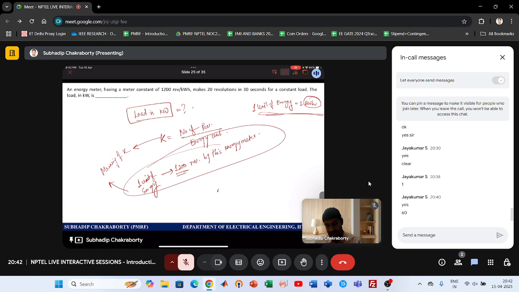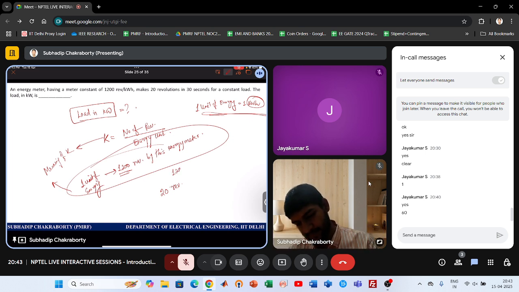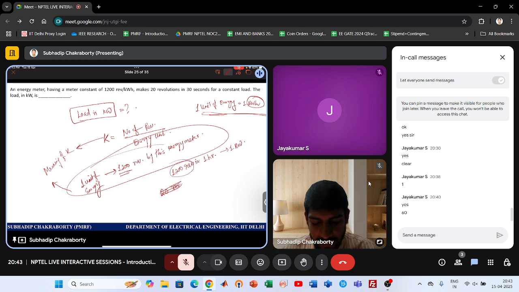So if the meter revolves 1200 times in 1 hour, it will record 1 kilowatt of power for 1 hour, then it will have to revolve 1200 times. That is what the meaning is, right?